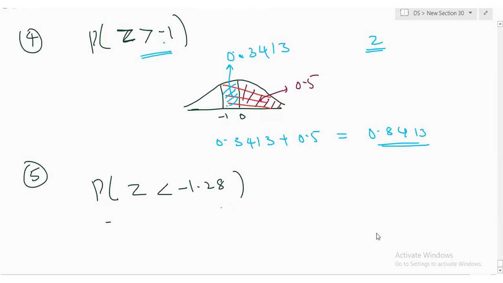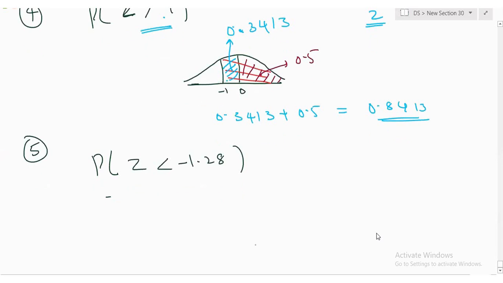Z less than. First draw the picture. If you don't draw the picture, you are not intelligent with respect to this subject. Follow my steps, then only you learn the subject. Draw the picture, mark the things, then only think about it. If you are lazy, you are not going to get the mathematics.